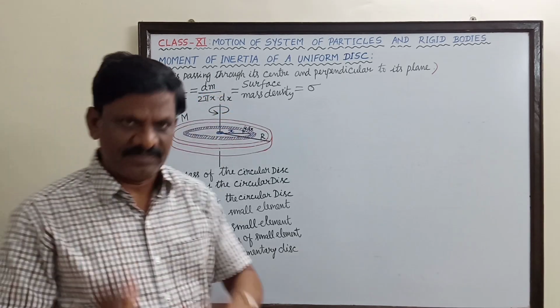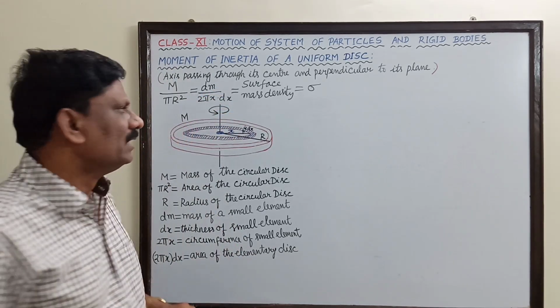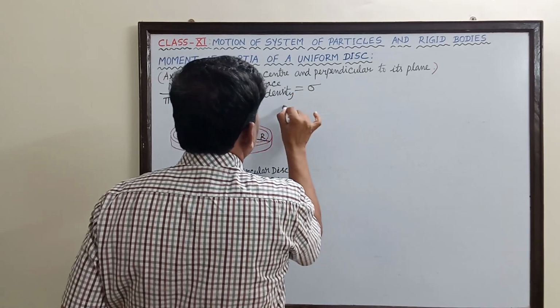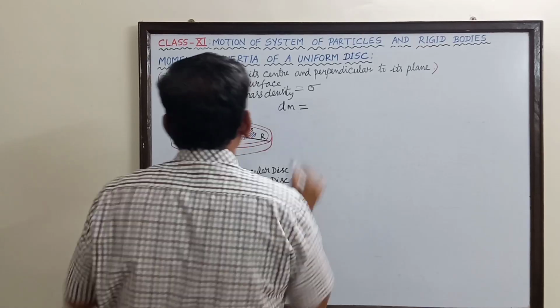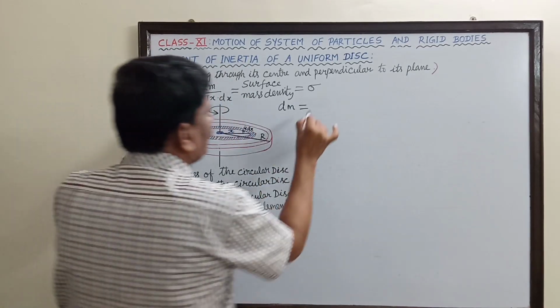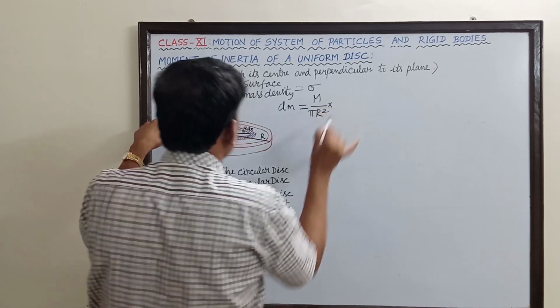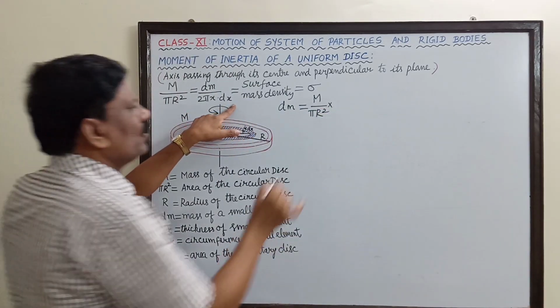That is the first step. From this I can write dm is equal to M by pi r square into 2 pi x into dx.